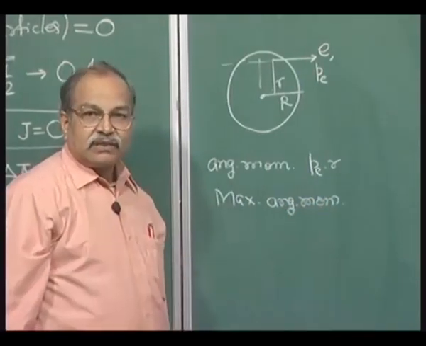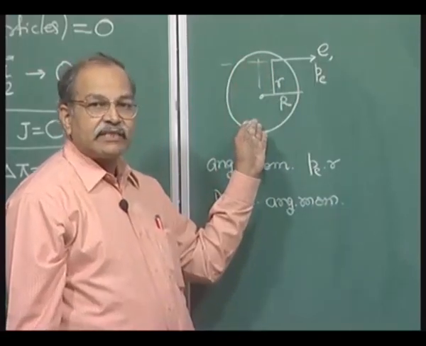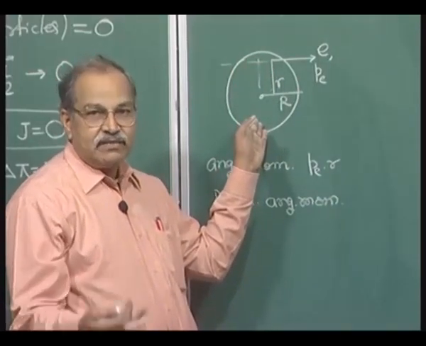This electron or neutrino is to be created inside the nucleus and then it will come out in some direction.